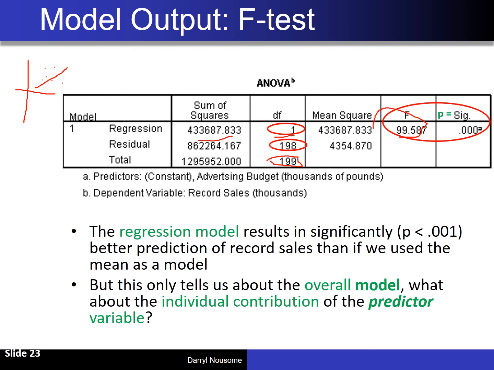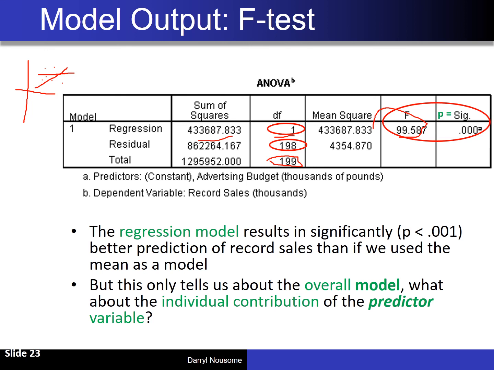Would it be sloped? No. It's just going to be a flat line that is the mean value of all the y's, meaning our record sales. So this regression line is explaining more than just the mean alone, if that's statistically significant. Okay, so that's how we interpret that.